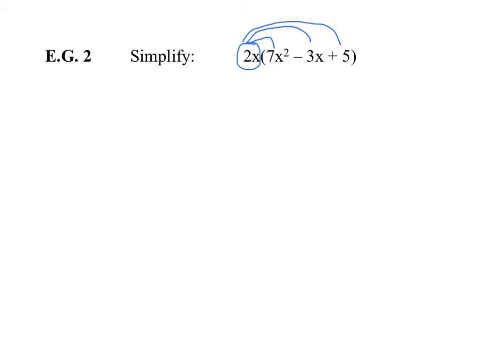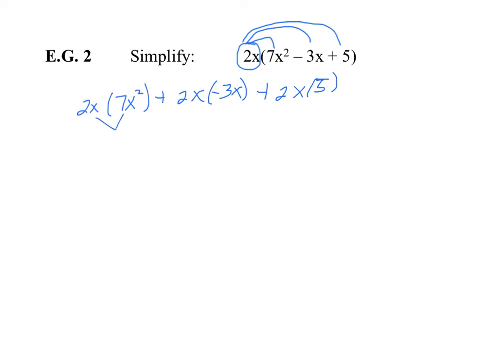So here is a quick expansion of this before writing the answer. 2x times 7x squared plus 2x times negative 3x plus 2x times positive 5.